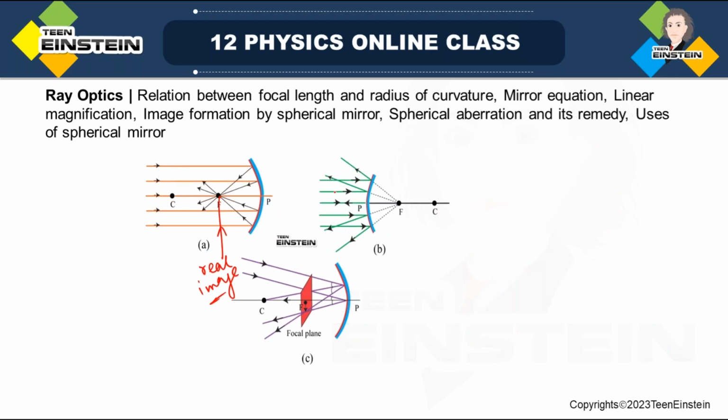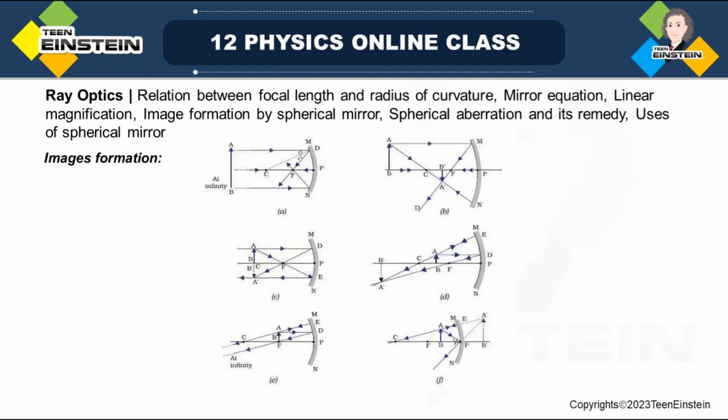The parallel rays are getting reflected and diverging in such a way that if they are produced in the backward direction, they will meet at focus. So this is the second rule.